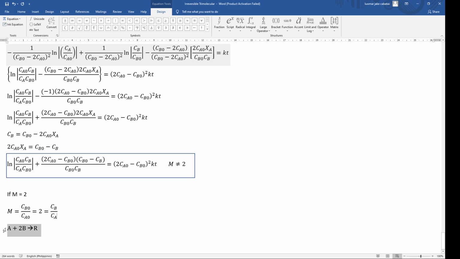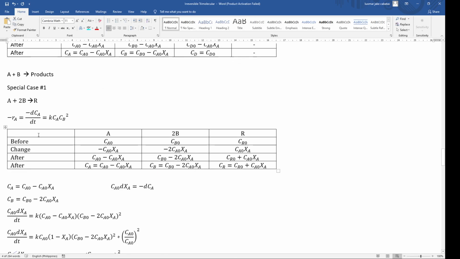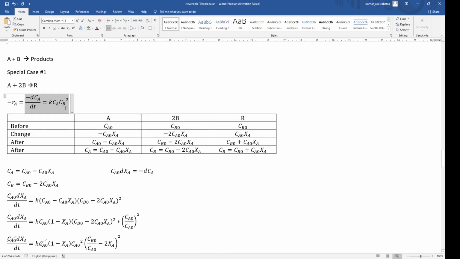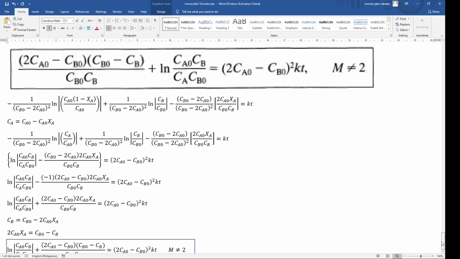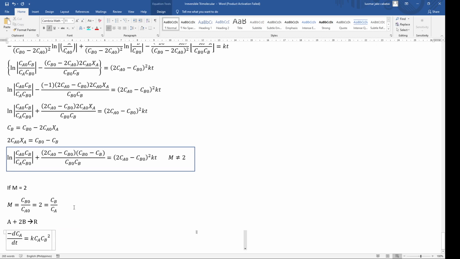So therefore, for this reaction, using the same reaction rate equation, we have this, and then the relationship there is 2. By using this relationship, CB would now be equal to 2CA.